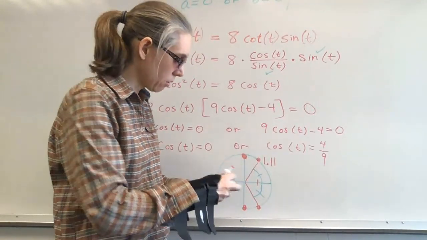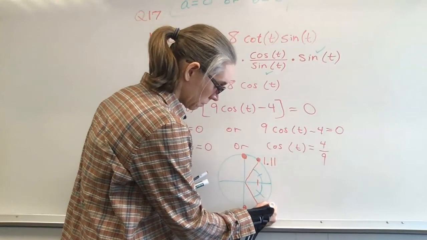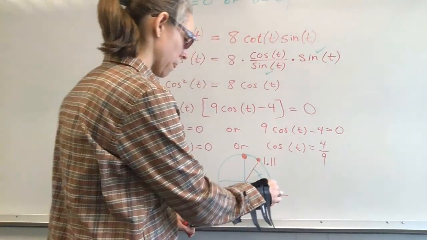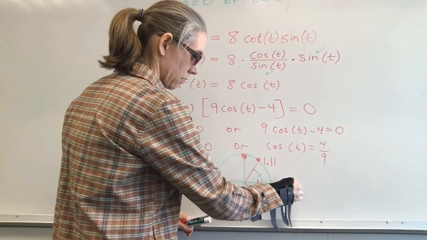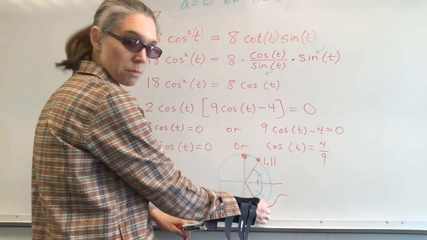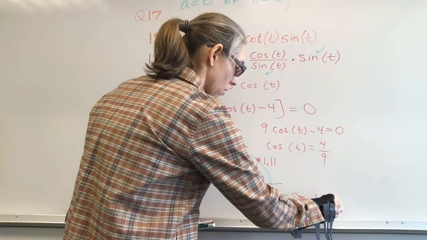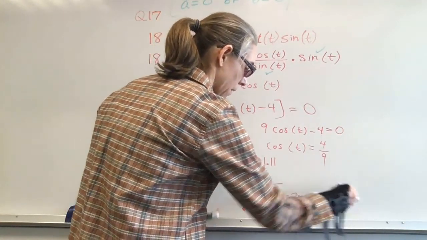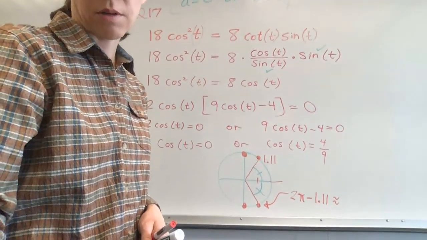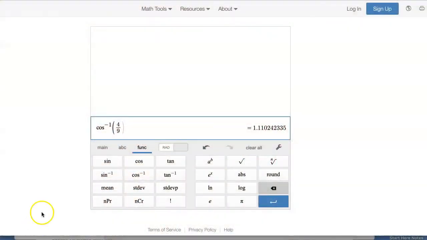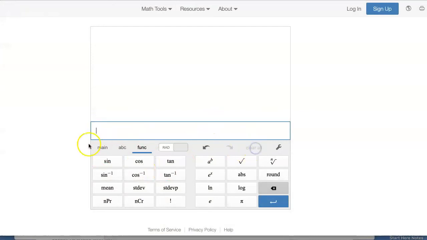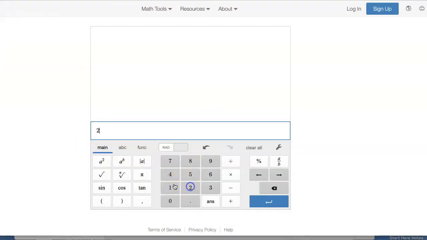So to get this other lower value, we're going to take 2 pi and subtract from 2 pi 1.11. And then let's see what sort of approximation we get there. So clear this. We're going to have 2 pi, subtract 1.11, and we have 5.17.